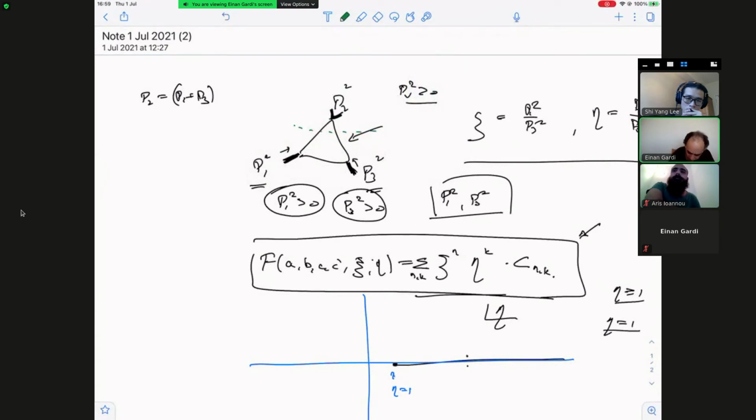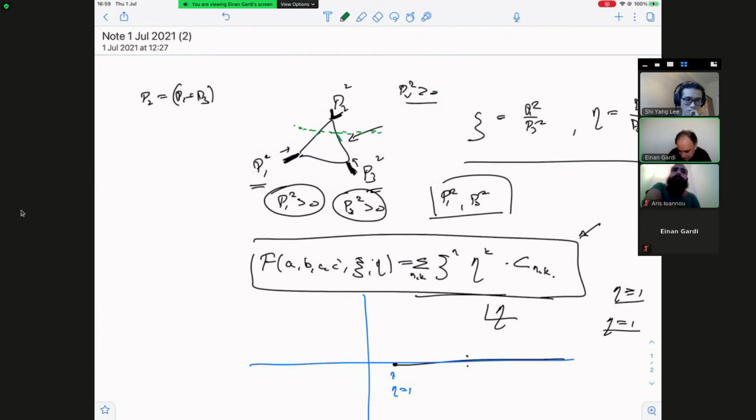There would be such a discontinuity because imagine that there is an amplitude here that is not zero. Now, if you cut through this line, you're basically asking the question, is it possible that these particles here, this one and that one, would be on shell?